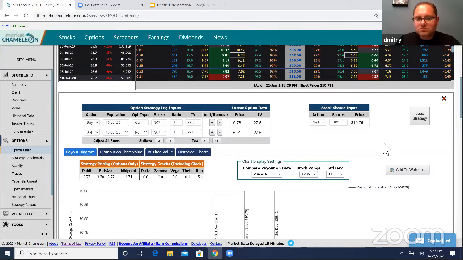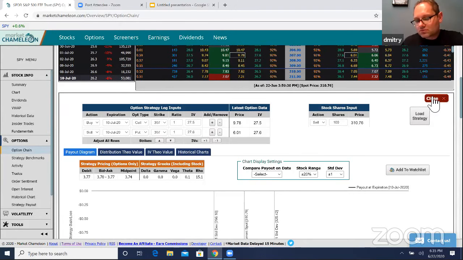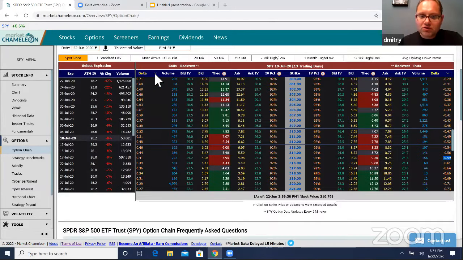Someone's asking, where can I see the Greeks? Let me close this. Here we have the Greeks on the sides: gamma, vega, theta, rho for each option. It's always defaulted to the deltas. So these are your deltas. Here, 315 call, 41 delta.